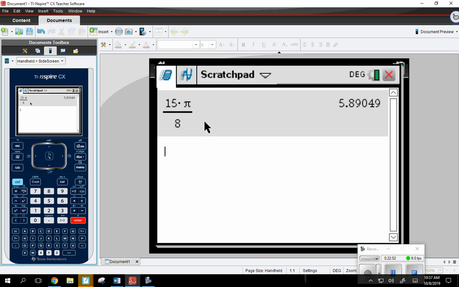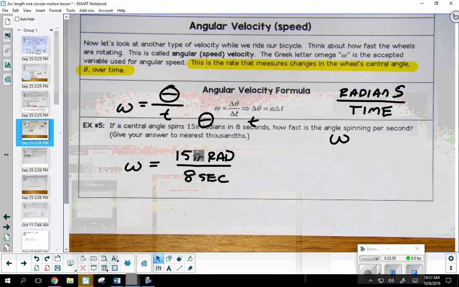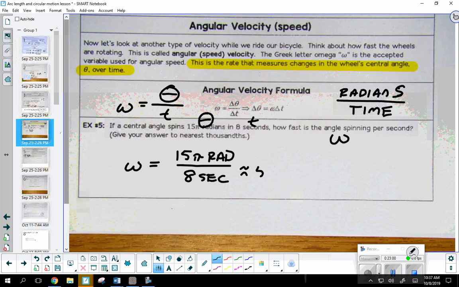There we go. So about 5.890, because I think it said round to the nearest thousandth, didn't it? Yes. So 5.890 what? There you go. Radians per second. So that is almost a full revolution every second. Now I say almost. Can anybody tell me what's one full revolution in radians?